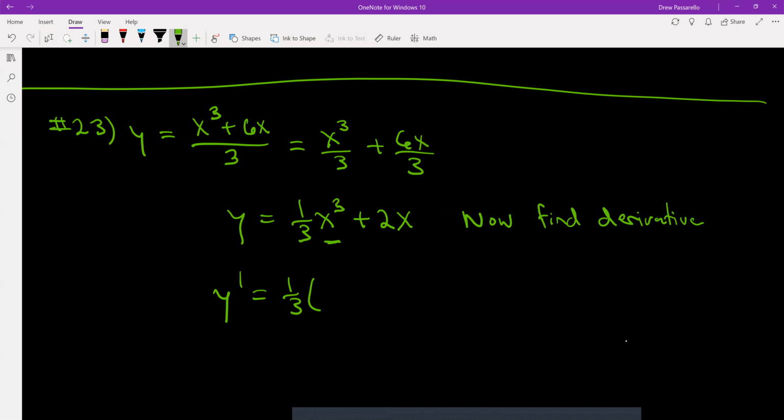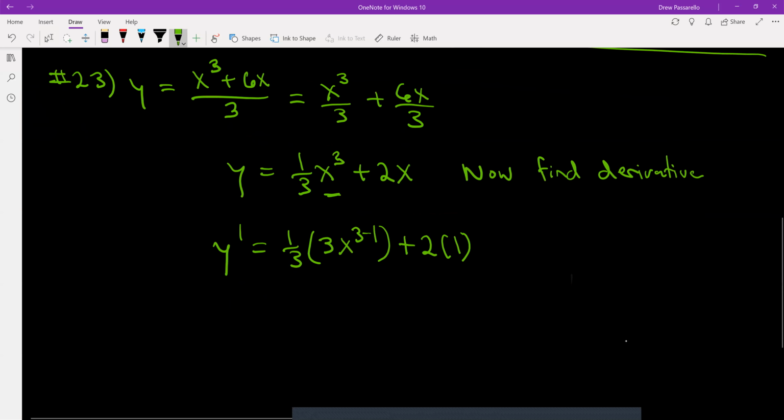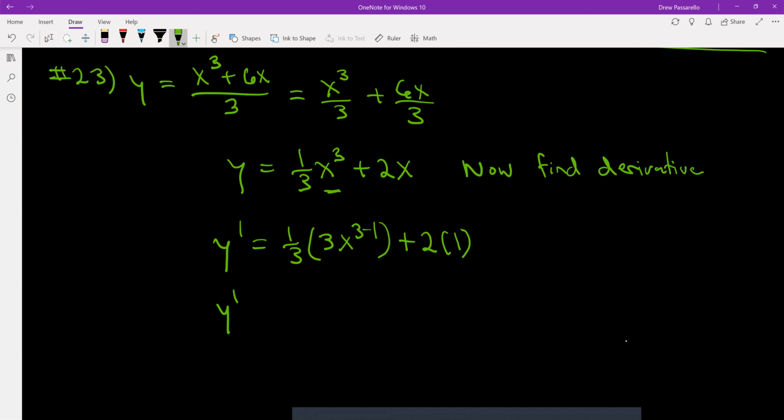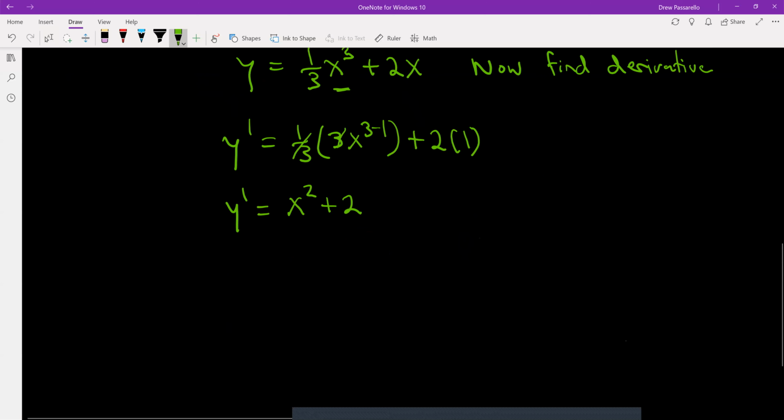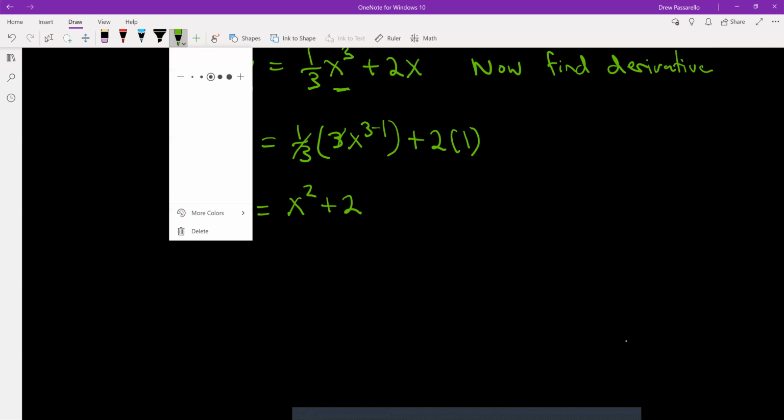So based on the power rule, you drop down the exponent to be 3x to the 3 minus 1. And then plus 2 times 1, since the derivative of x is 1. So the derivative, y prime, you notice the 1/3 and 3 cancel, so I get x squared plus 2. And that's going to be the answer.